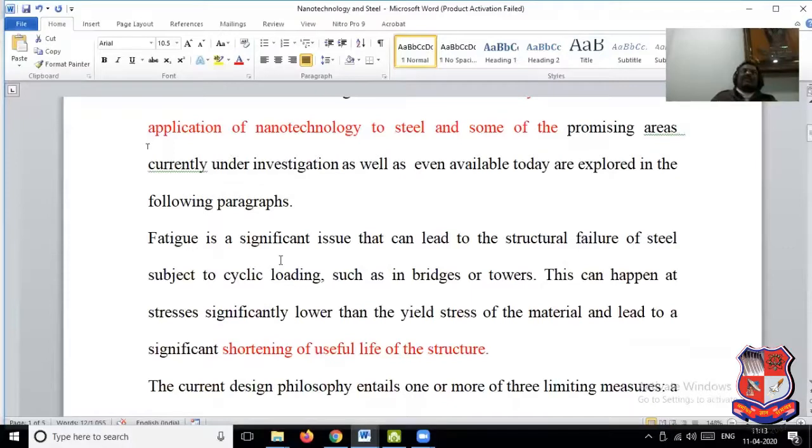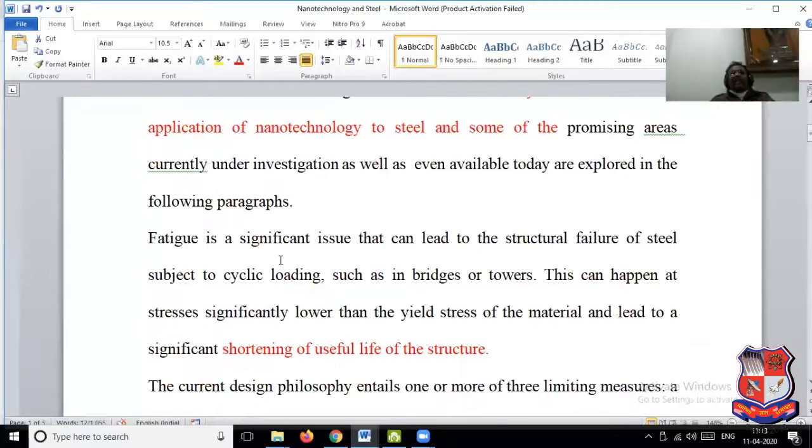For example, fatigue is a significant issue. Fatigue means one kind of failure that can lead to structural failure of steel, especially when under cyclic loading, for example in bridges and towers. Cyclic loading means a load is continuously applied and then removed.